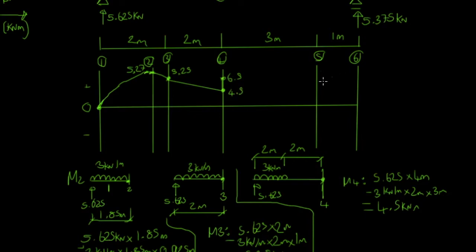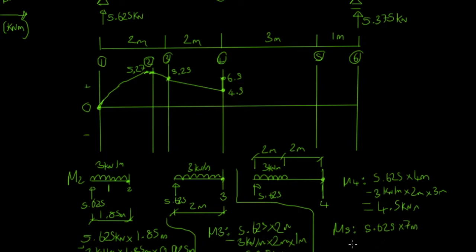So now between point 4 and 5, we're going to do exactly the same as we've done before, and this is actually going to be a linear decrease. So I'm just going to quickly write out what we would expect to find for M5. So we've got our 5.625 reaction over here, and that's acting at a total of 7 meters away.